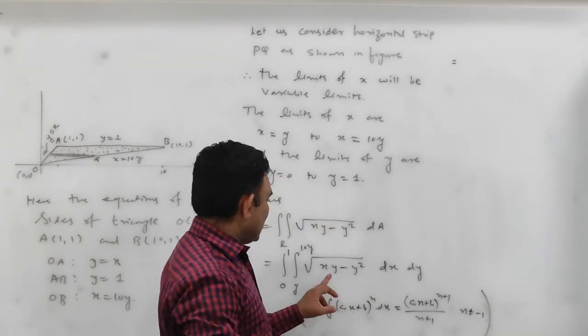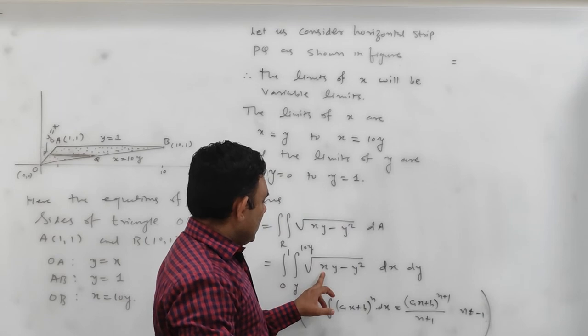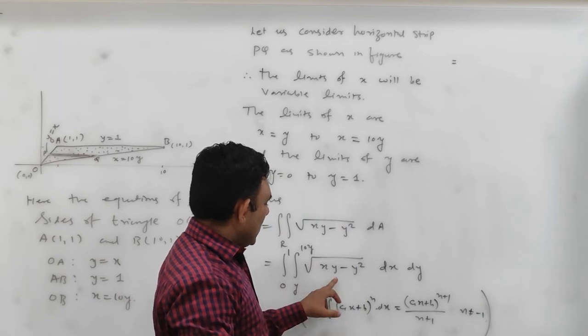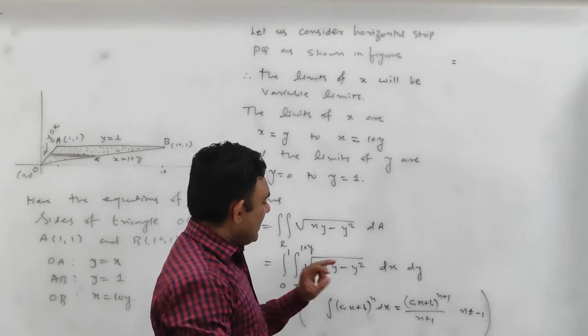Don't confuse this x and this x. Here our a is y, and b is y square.